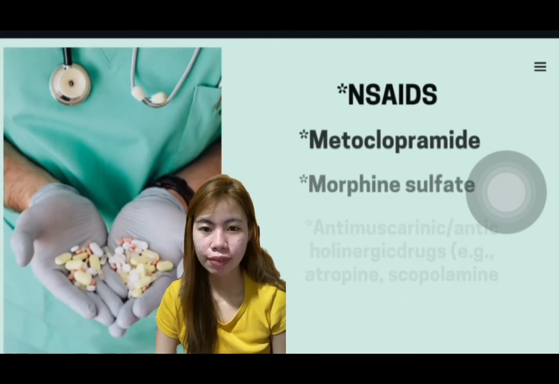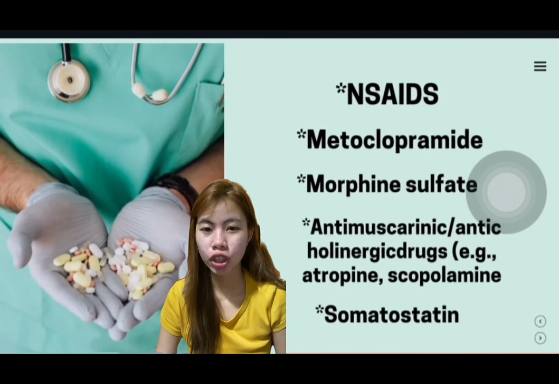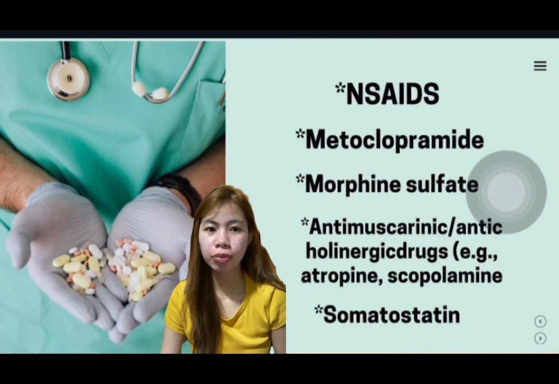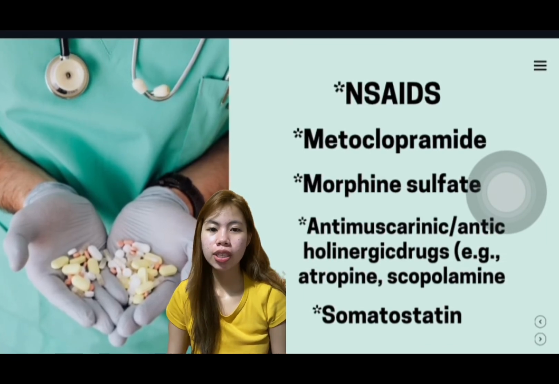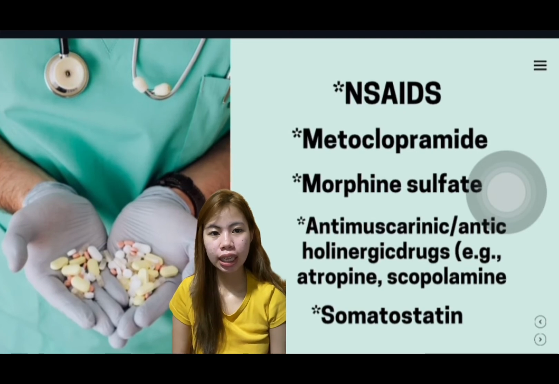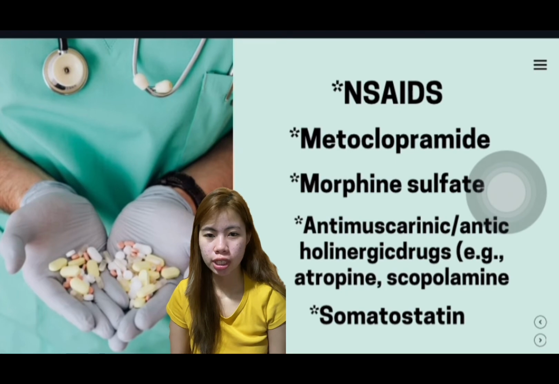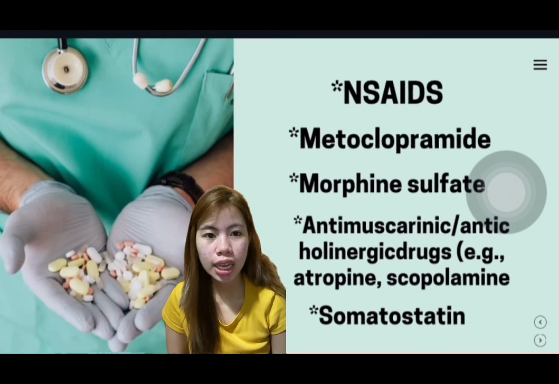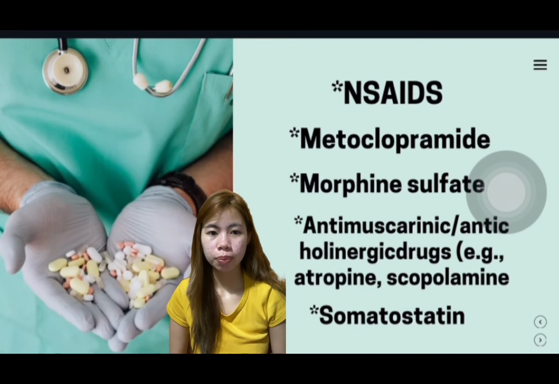And we also have antimuscarinic, anticholinergic drugs, which are atropine and scopolamine. These are used to manage colic due to smooth muscle spasms and bowel distension. This medicine is only available according to a doctor's order and prescription.